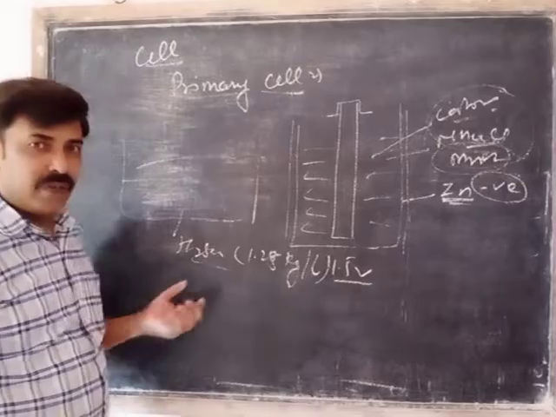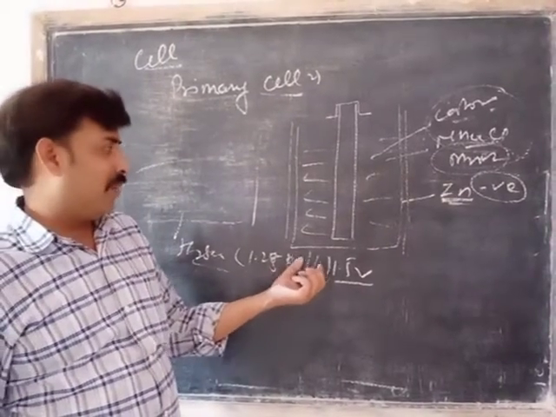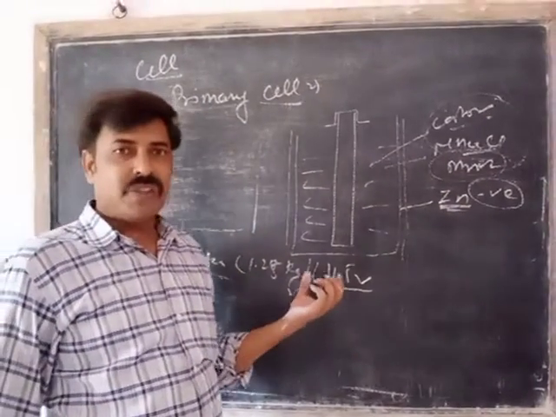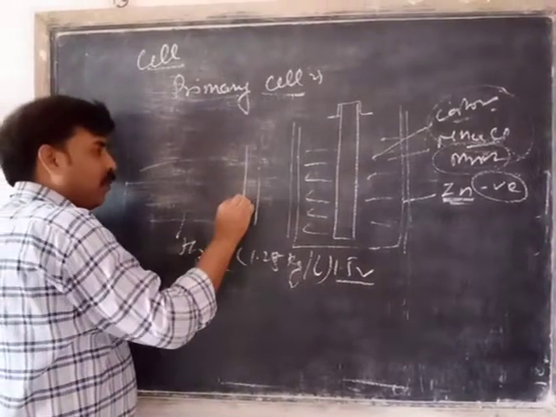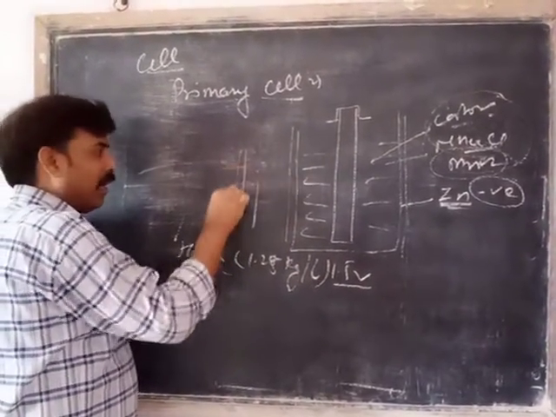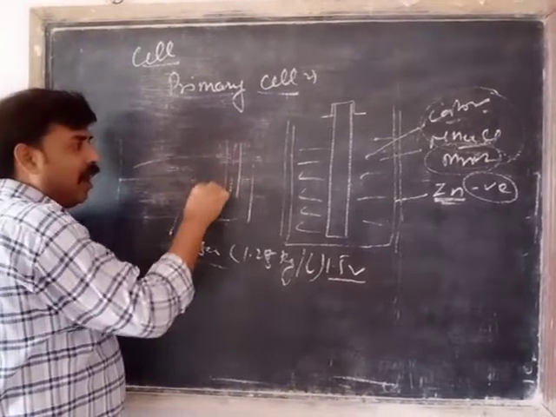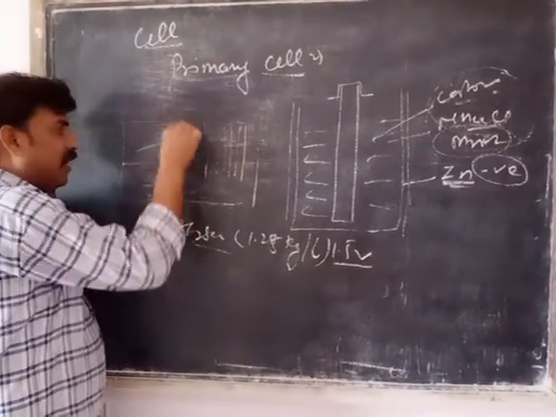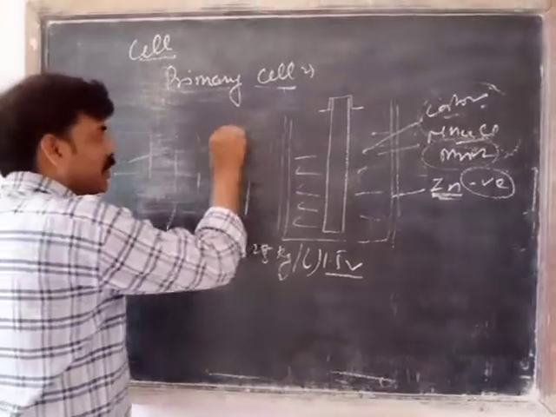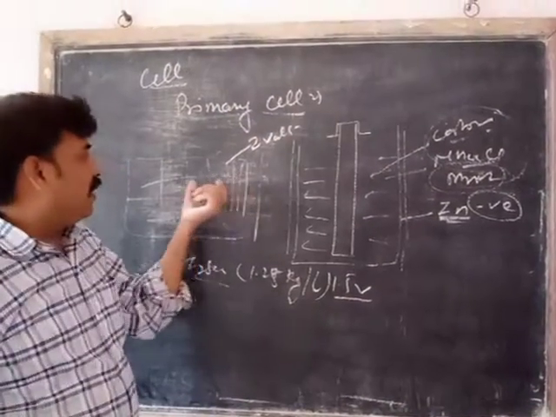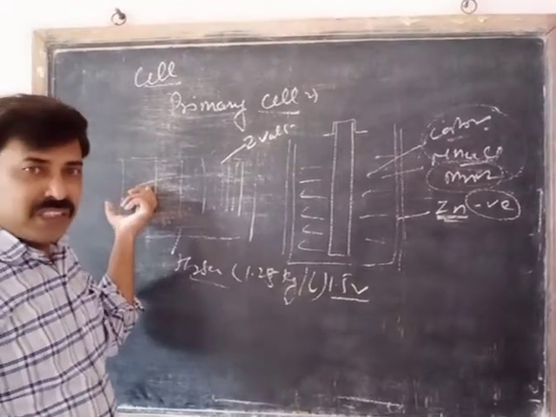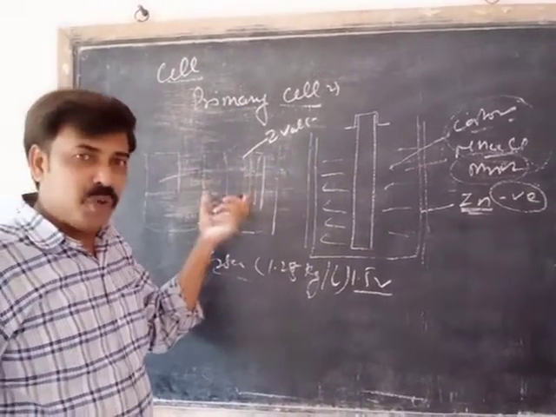By diluting it, we make it 1.25 kg per liter because the density of sulfuric acid is much higher than this value. Now in this one, we put lead plates, lead, iron, lead, iron, and in this way we generate different cells. Each of the cells has 2 volts of capacity, and when they are combined with each other in a series combination, they make a 6 volt or 12 volt battery.